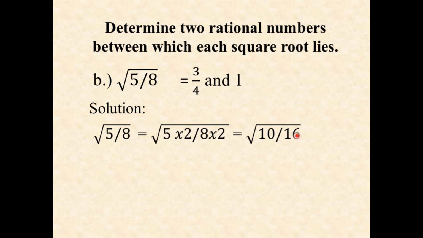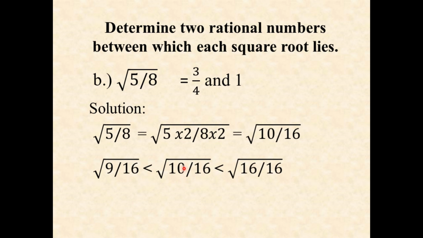So, this value now, we are going to use to look for the two rational numbers. You have noticed here that the denominator is now a perfect square number. Now, to look for the two rational numbers, the new 10 here will be our basis.